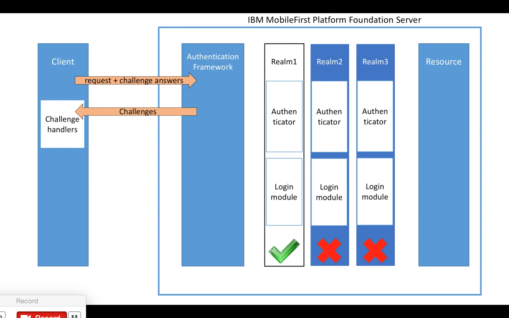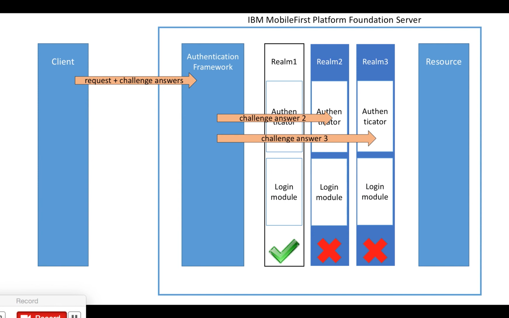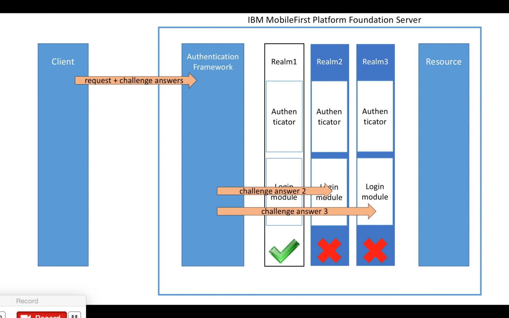This time only 2 out of 3 possible challenge handlers work and supply answers. Once those answers are supplied, the authentication framework sends challenge answer 2 and challenge answer 3 to the authenticator. The authenticator tells it to go validate them, so the credentials are sent to the login modules.